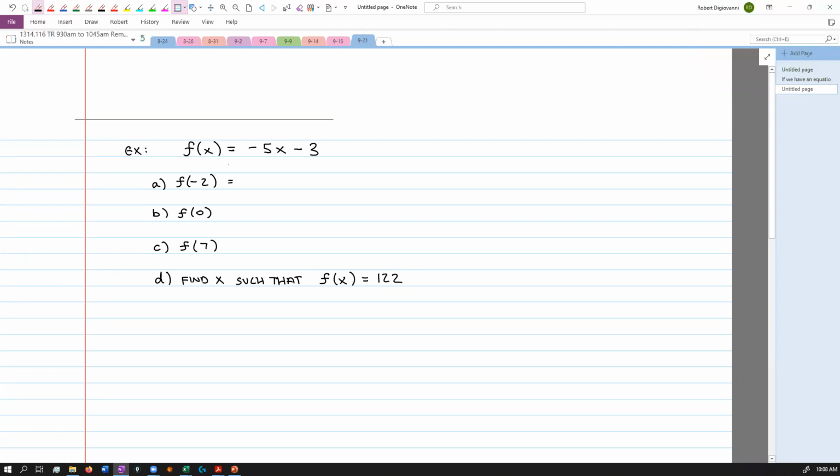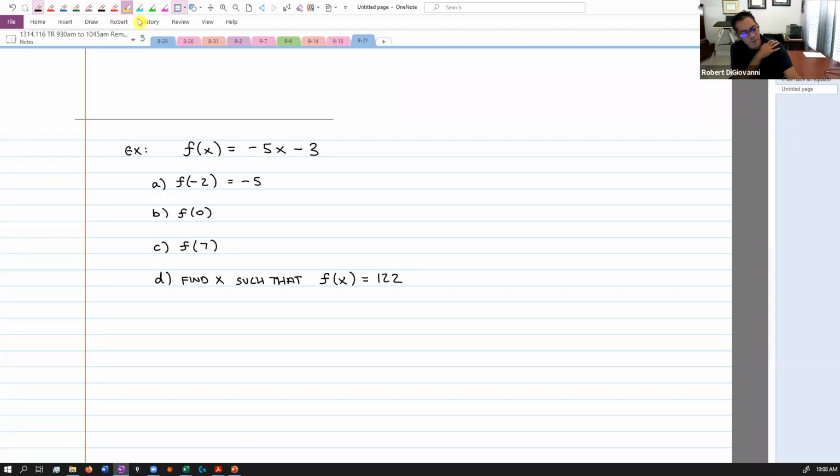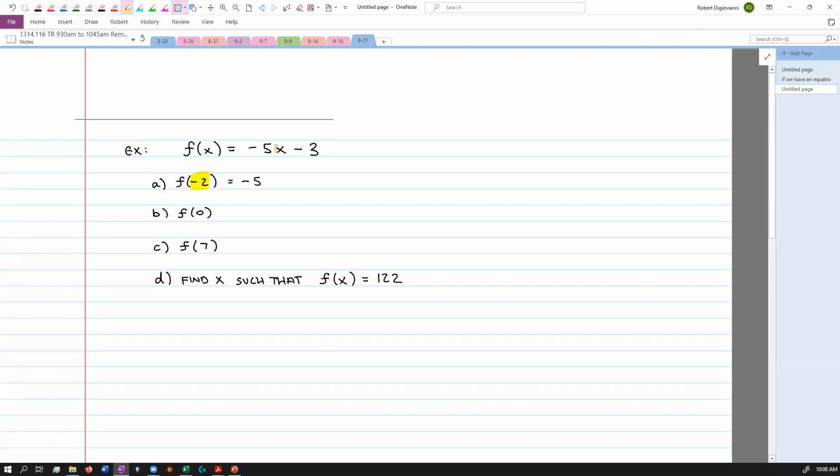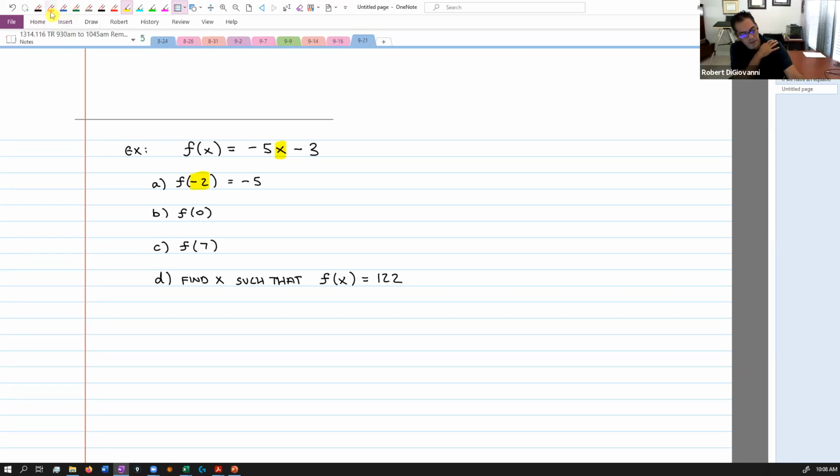So you would do negative 5x minus 3 times negative 2. No, all we're doing is replacing the x with negative 2, right? Okay. So it'll be negative 5. Then what's the operation here between the negative 5 and the x?